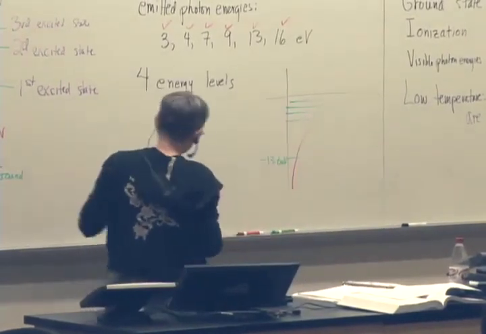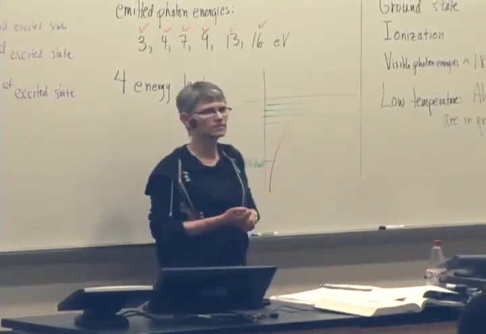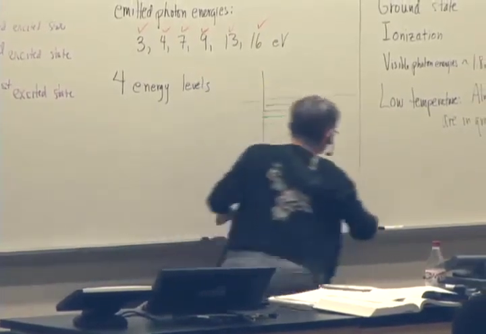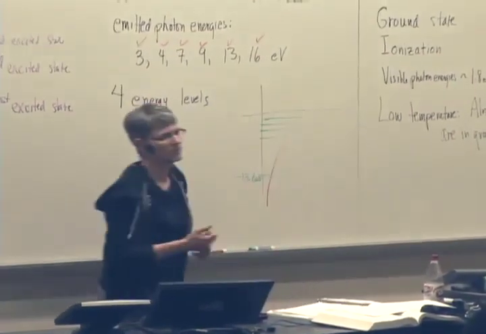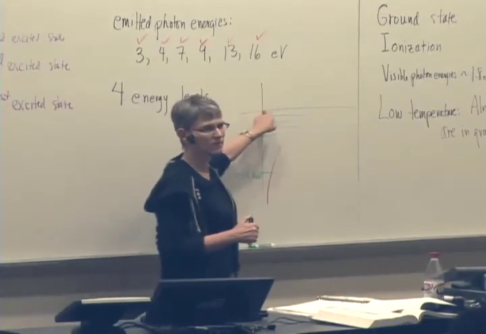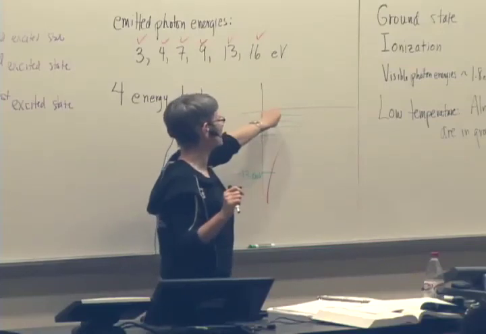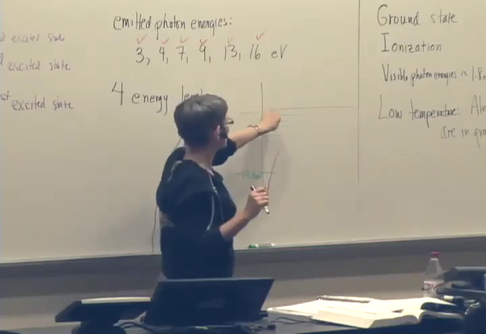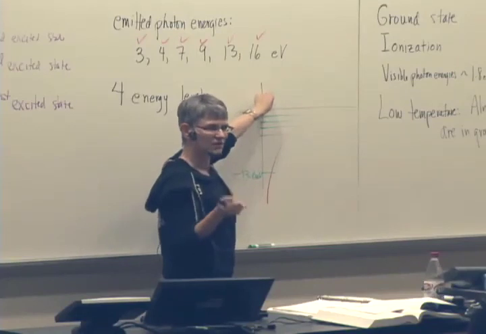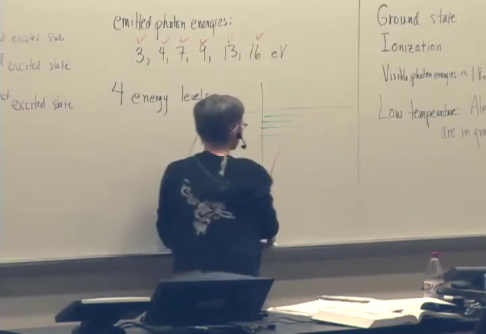I should add one thing about ionization, which is the clicker question we just did. What if you add more than 13.6 eV? What happens here? That actually turns out not to be true. What happens is that's enough energy to break the bond and just give the proton and electron more kinetic energy. Are there states up there?